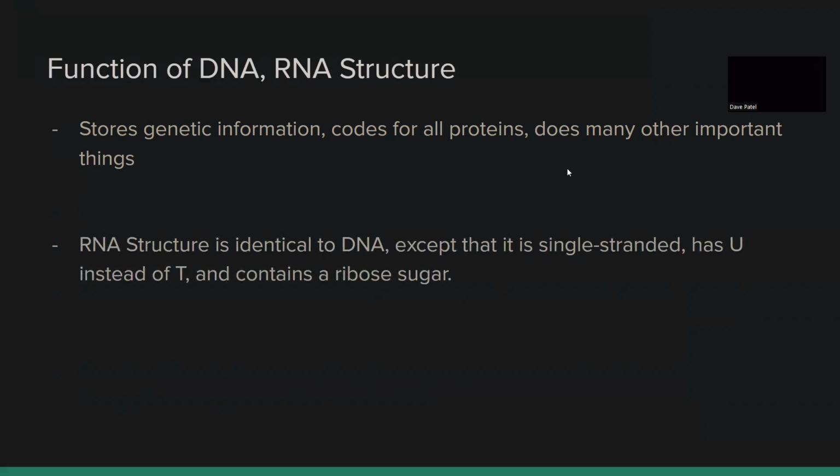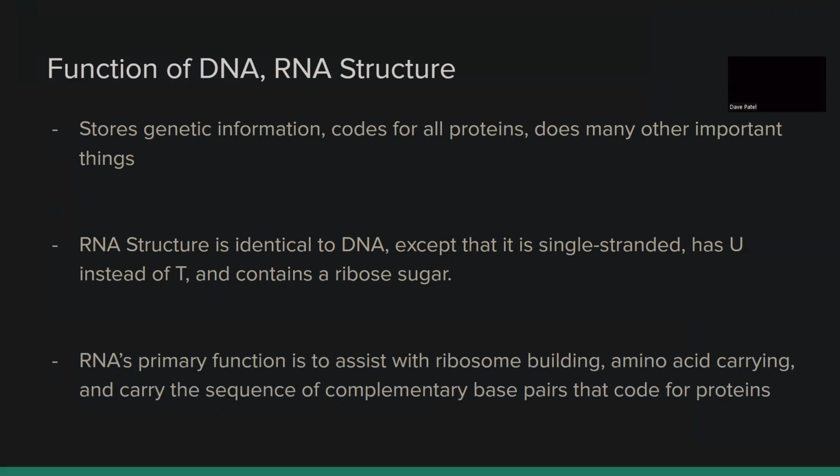So the structure of RNA, I'm not going to go into nearly as much depth as I did with DNA, since it's almost the exact same, except the only difference is that instead of double strand, this is a single strand molecule. Instead of thymine, it has uracil, so uracil replaces thymine, and instead of deoxyribose sugar, it contains a ribose sugar.